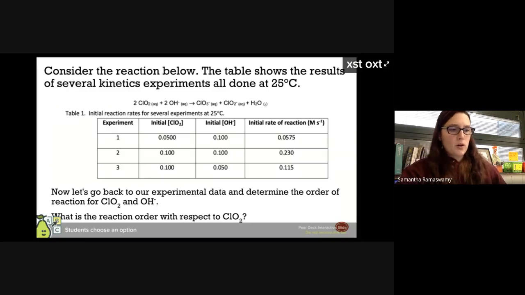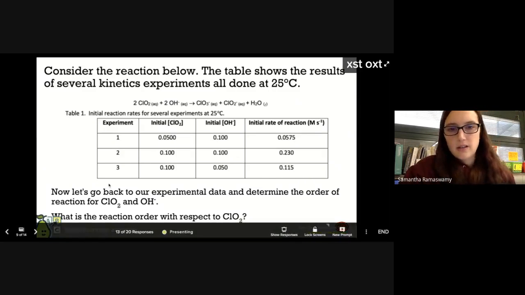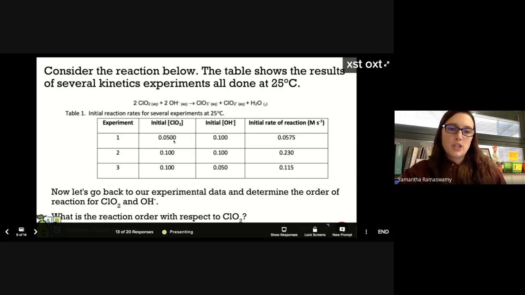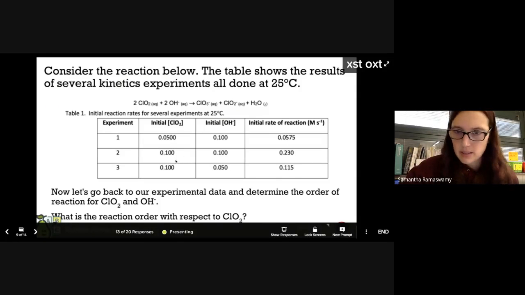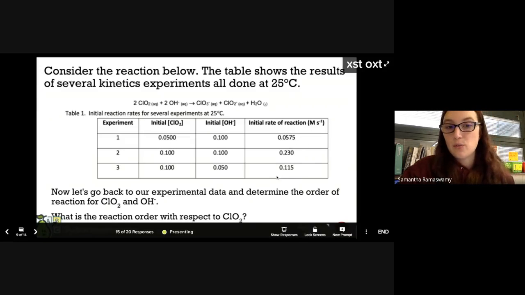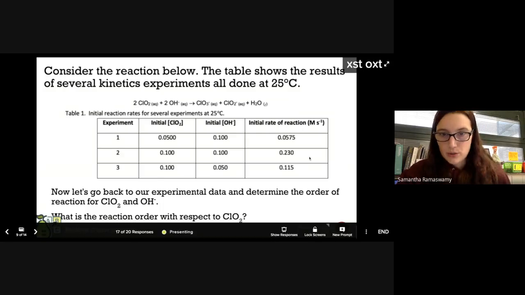Okay, so we have about 12 responses so far. If you're stuck, here's a kind of a reminder. See how ClO2 changes from experiment 1 to experiment 2. So 0.05 to 0.1, what is happening there? And what is happening to the rate from experiment 1 to experiment 2?